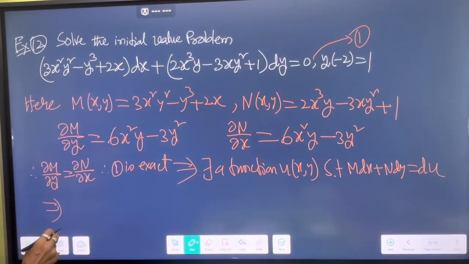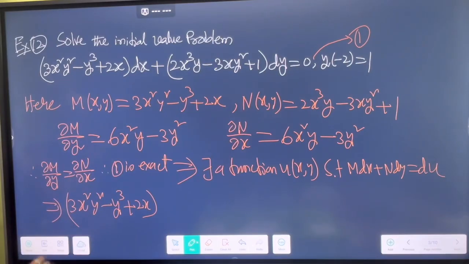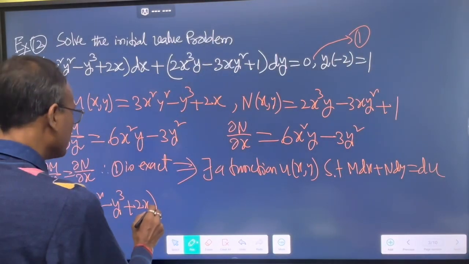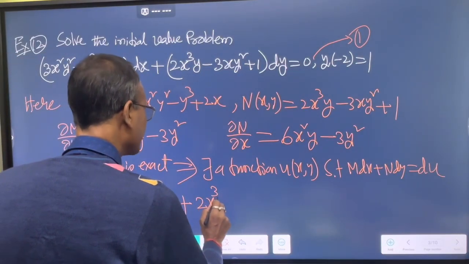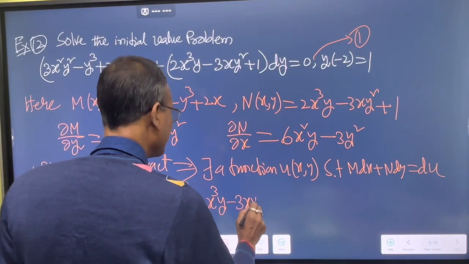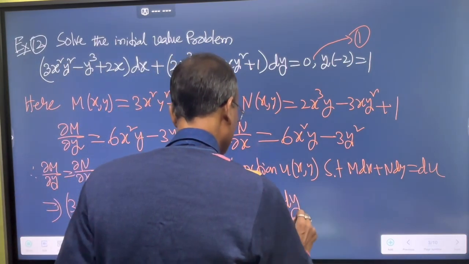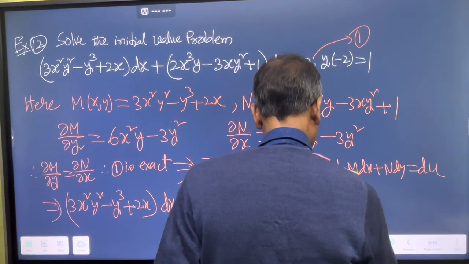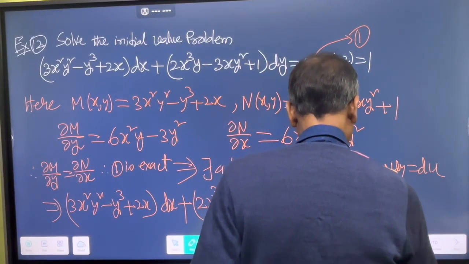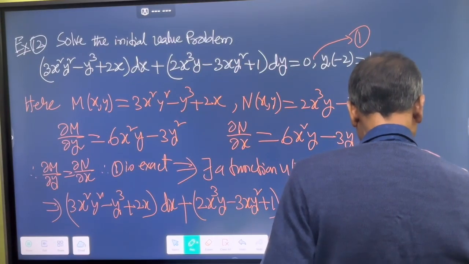What is M? Thrice x square y square minus y cube plus twice x, dx, plus twice x cube y minus thrice x y square plus 1, dy, equals du, which means del u by del x dx plus del u by del y dy.